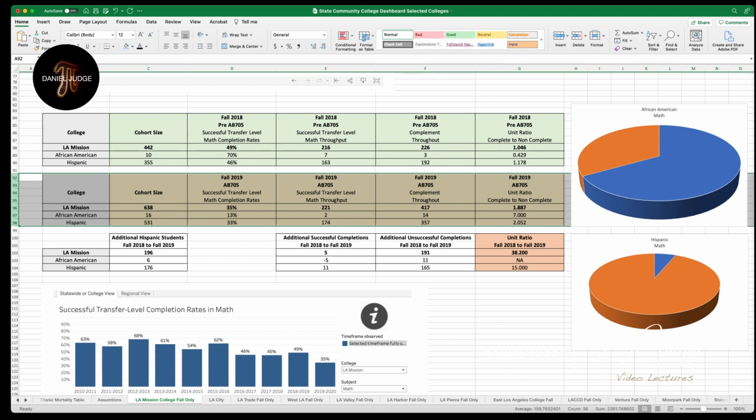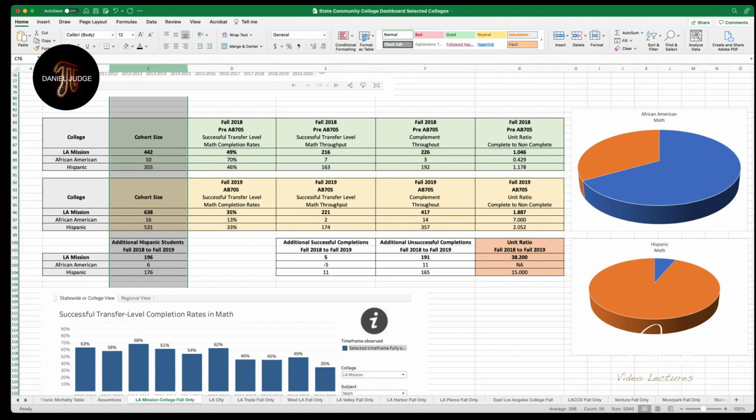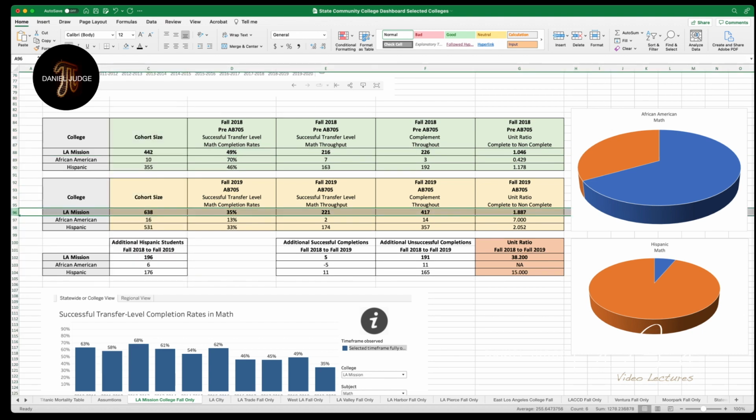So notice this. LA Mission had a cohort size of 442 students pre-AB 705, right in that first column C. And then once you implemented AB 705, which opened the floodgates, so to speak, it gave students access, right?